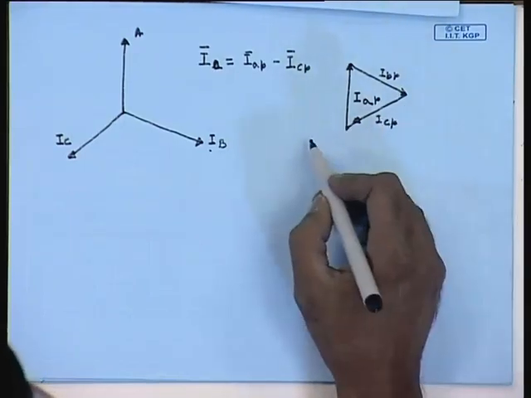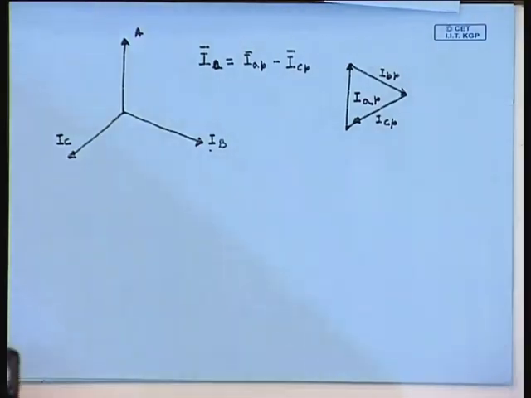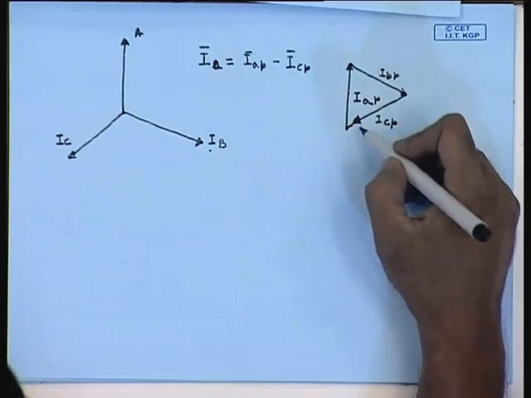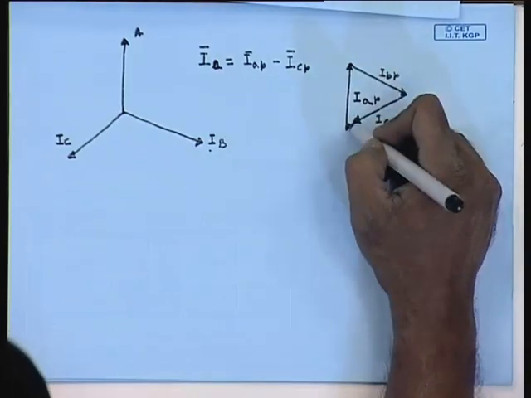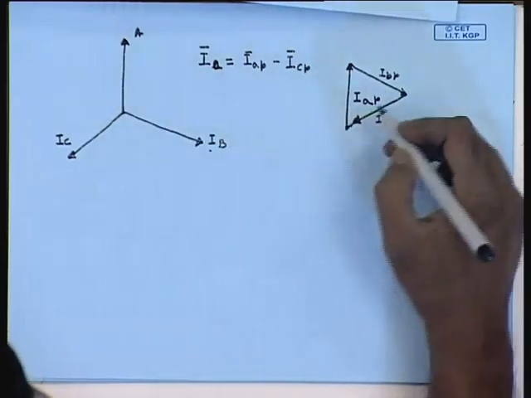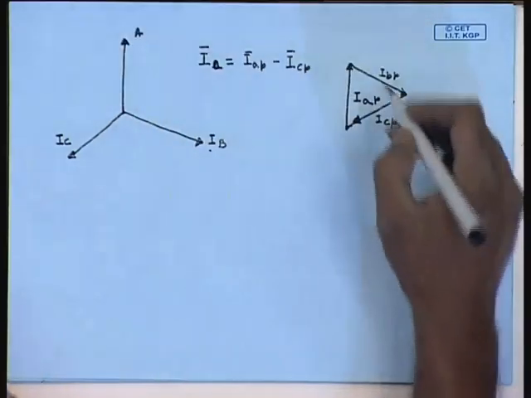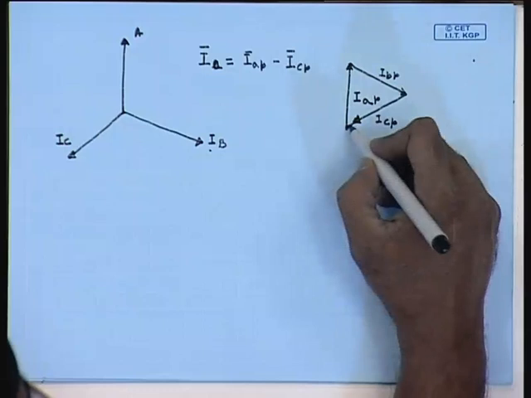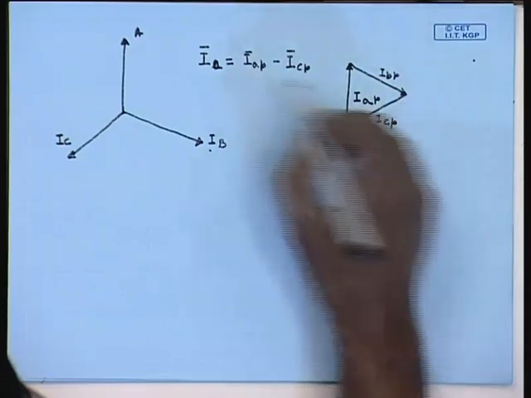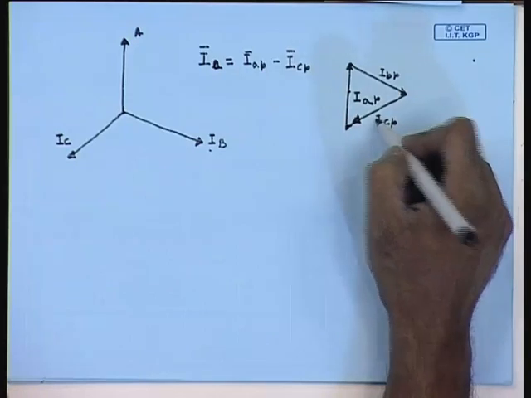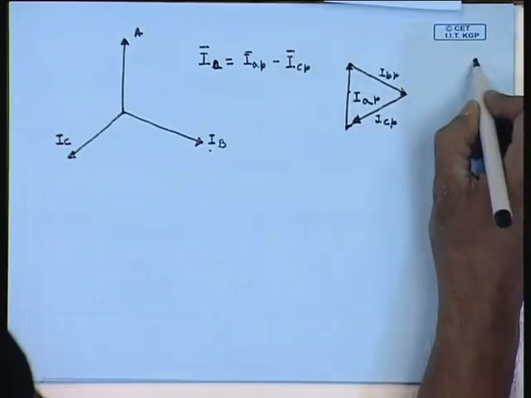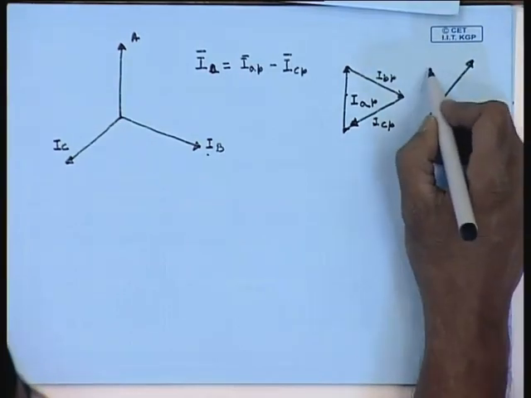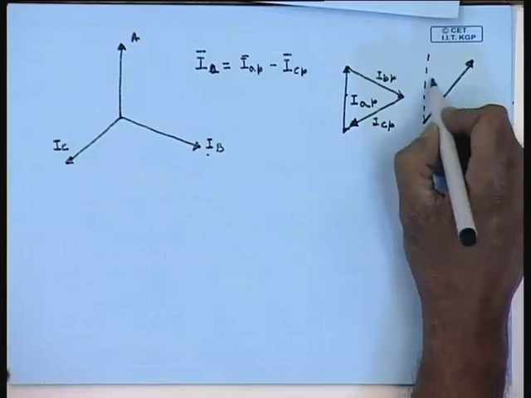What will be the I A? This is I C P. So, the line current I A on the secondary side will be the vector sum of this phasor and negative of this phasor, which will be somewhat like this, with this angle being 30 degree.